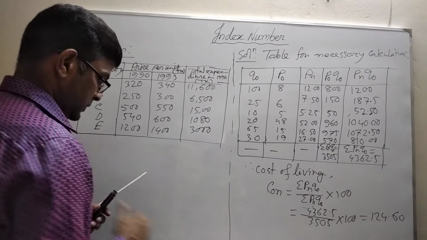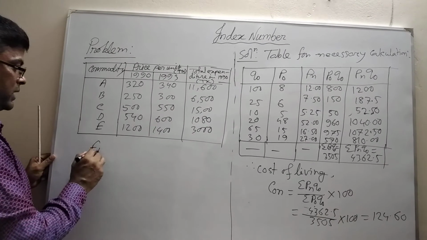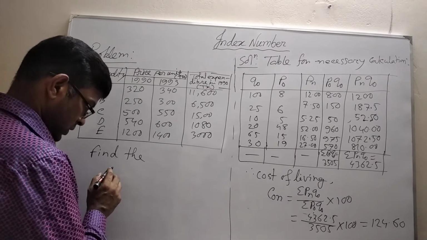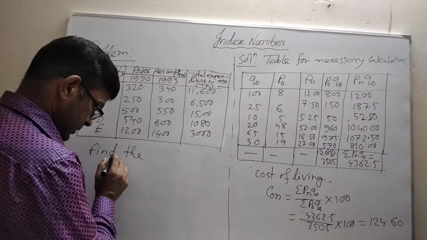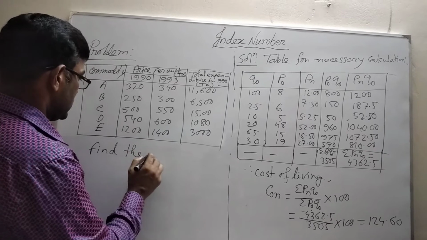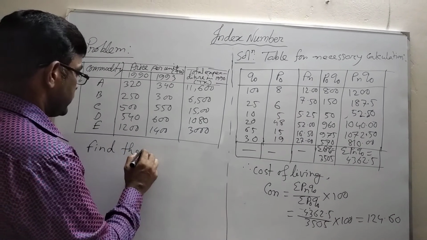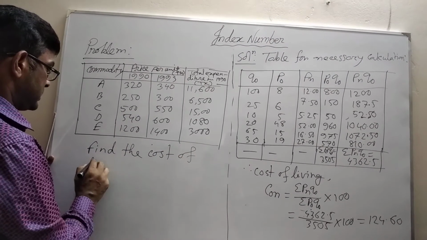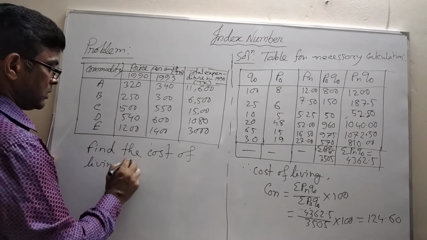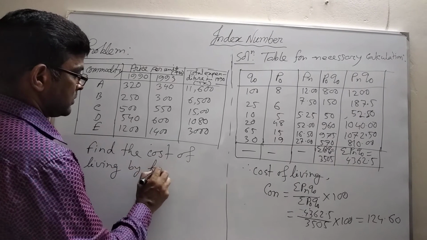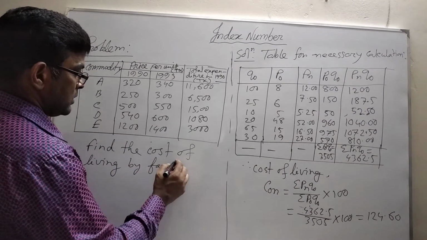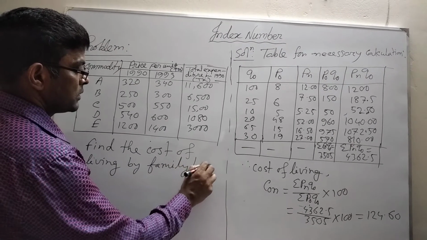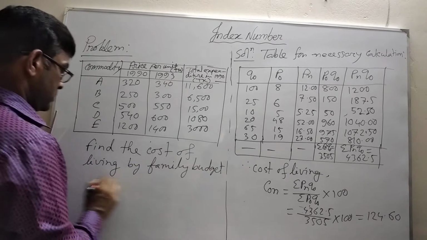Solution: find the cost of living index by the family budget method.